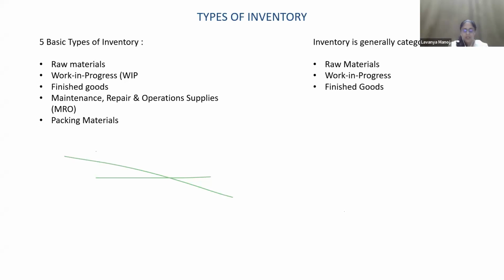So all these inventories can be classified into basic 5 types. Raw materials, which are to be procured, transported to the production floor, and then processed. And work in progress or work in process, the goods which are kept readily in the production floor, already in the production.